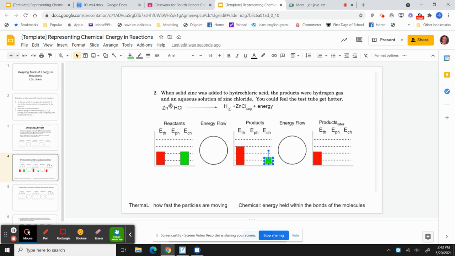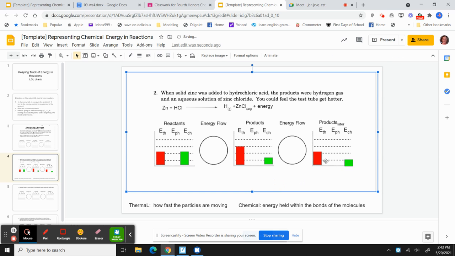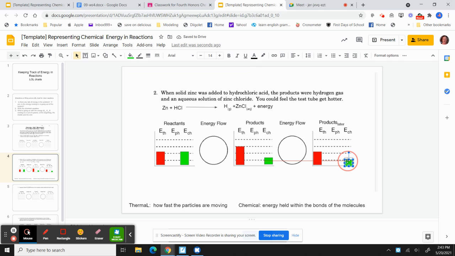We had this arrangement of the atoms, and then it broke up into this arrangement of the atoms. So we're not going to change the amount of chemical energy. All right. So now what we need to do is to just take a look at this.